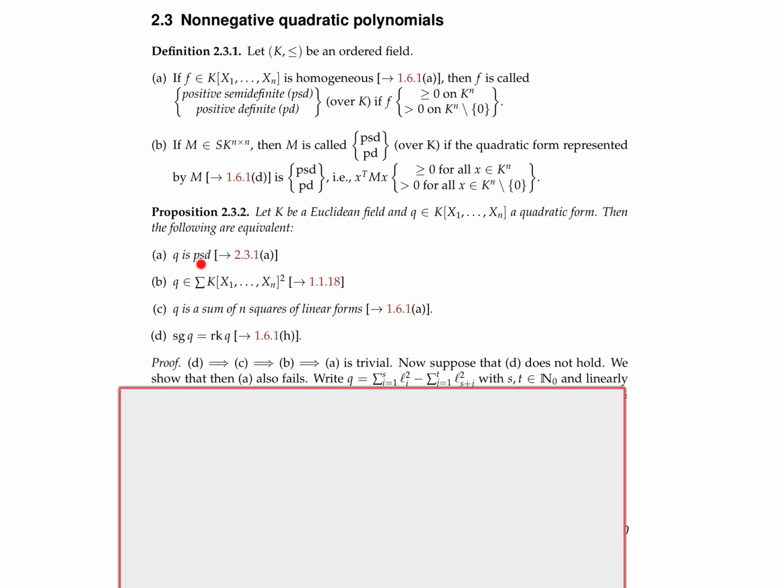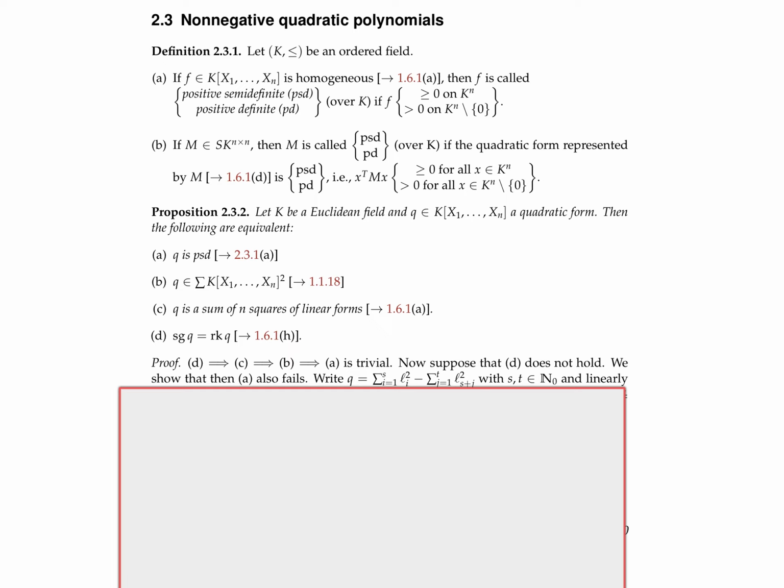So Q is PSD, and all that remains to show is that we can go from A to D. Now we show a contraposition: we show that if D does not hold, then A does not hold.